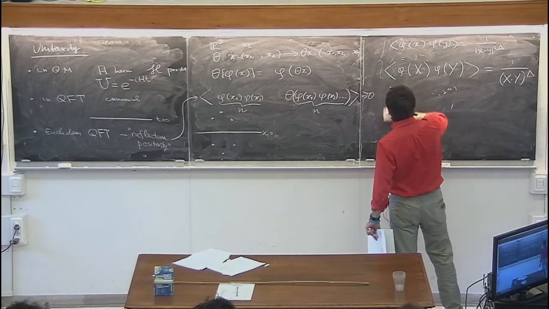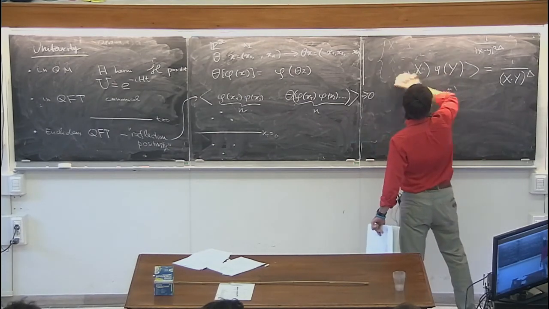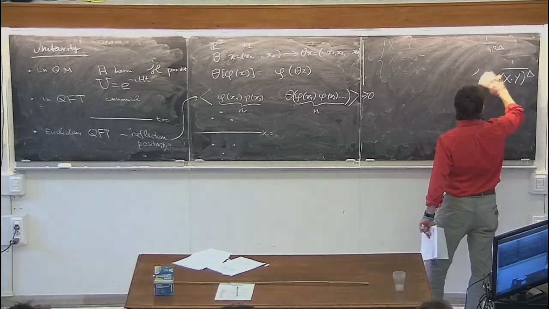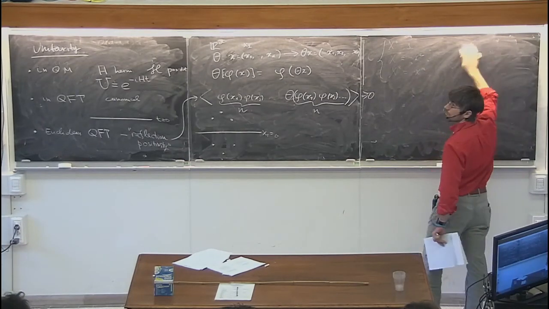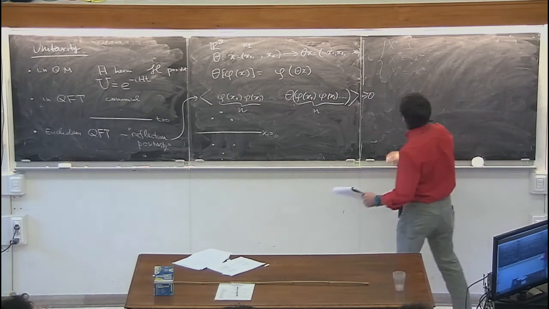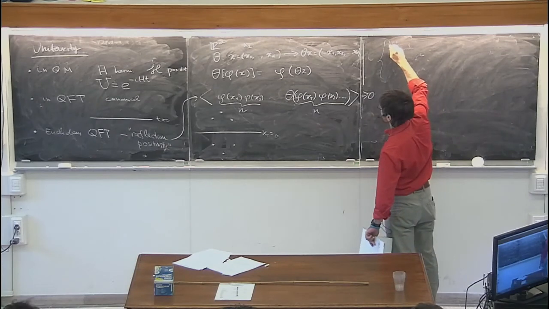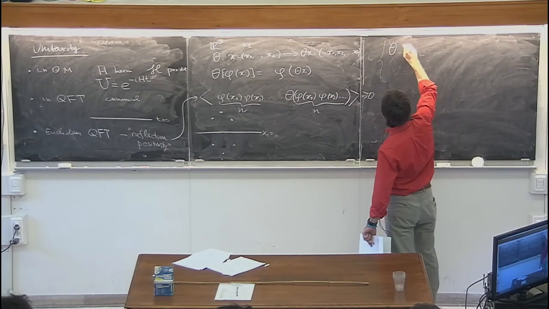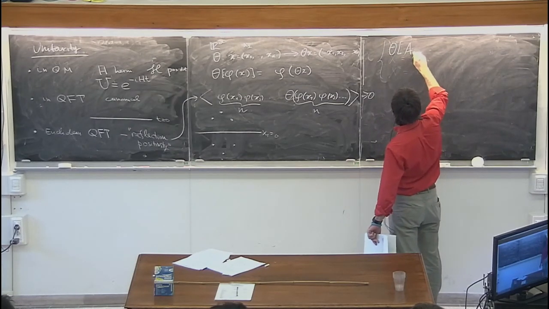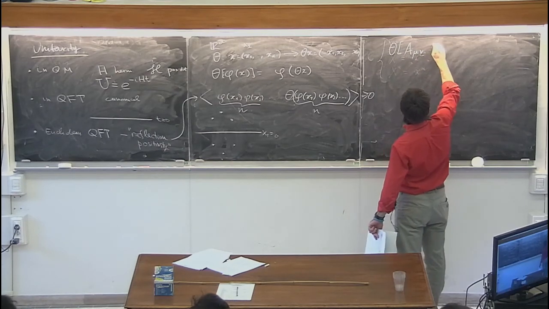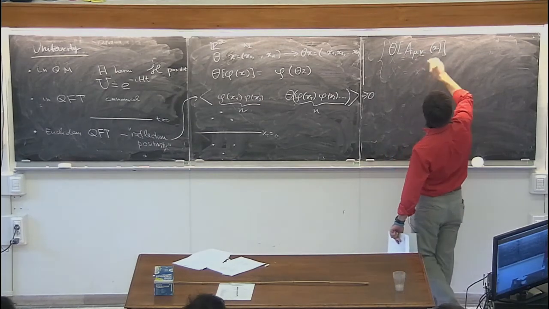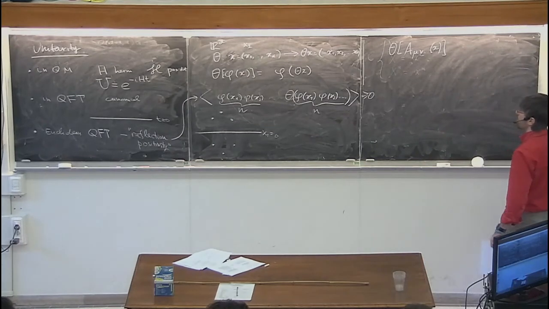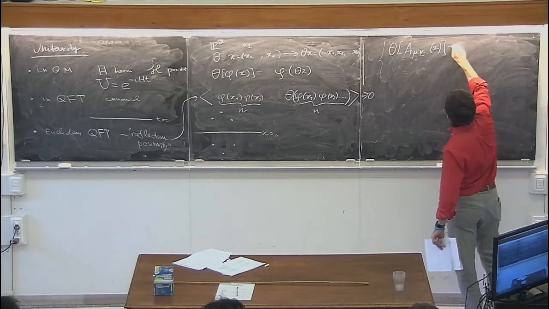So this is for scalars, and there is a natural extension of this concept to vector fields. So if I have a vector field, then I define this reflection operator acting on the vector field by multiplying.